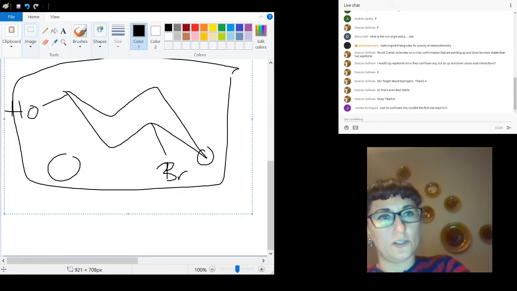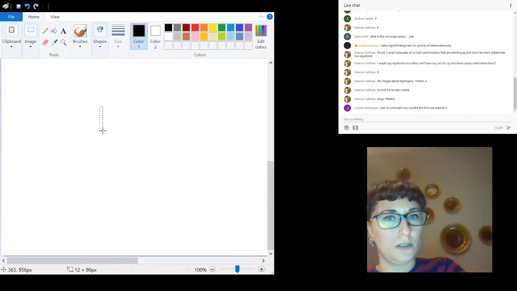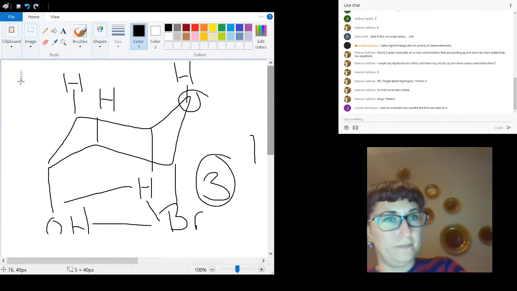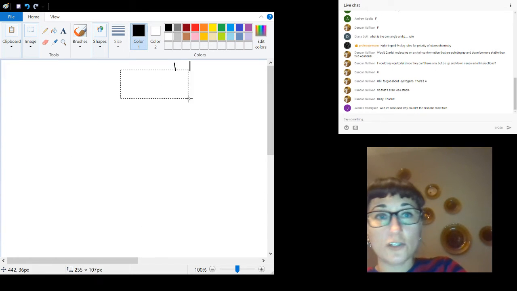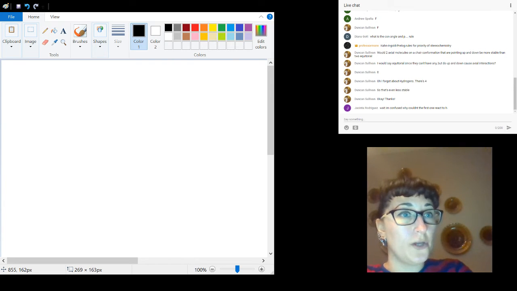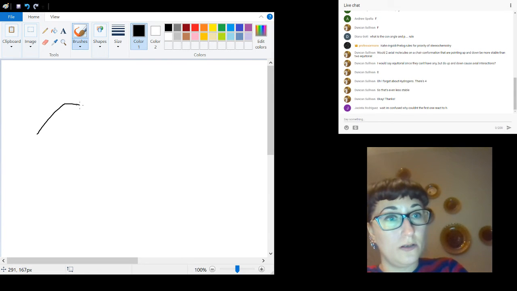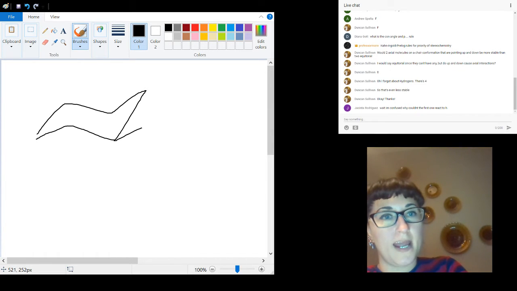Now, there's also the possibility of having two that are equal in stability. So if I had something like this where I have one, let's put an OH up there and an OH down here.